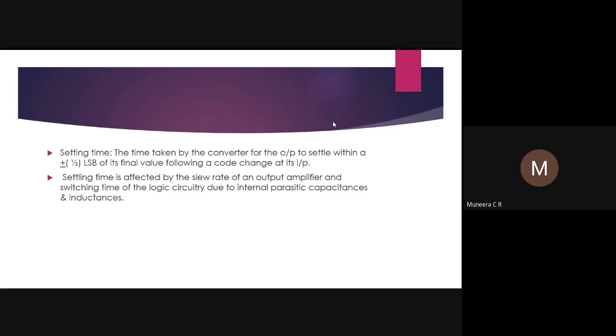So the slew rate and the internal parasitic capacitance and inductance also affect the settling time of the output.